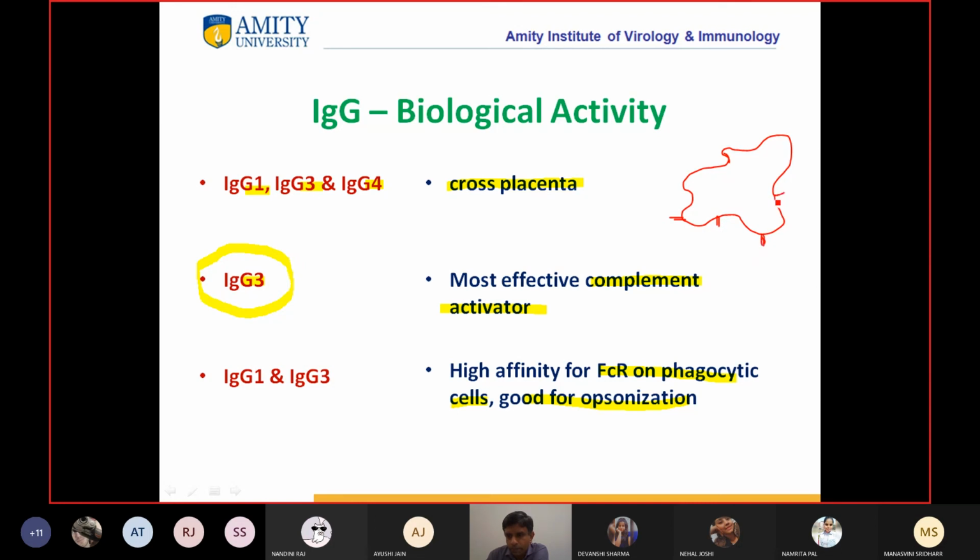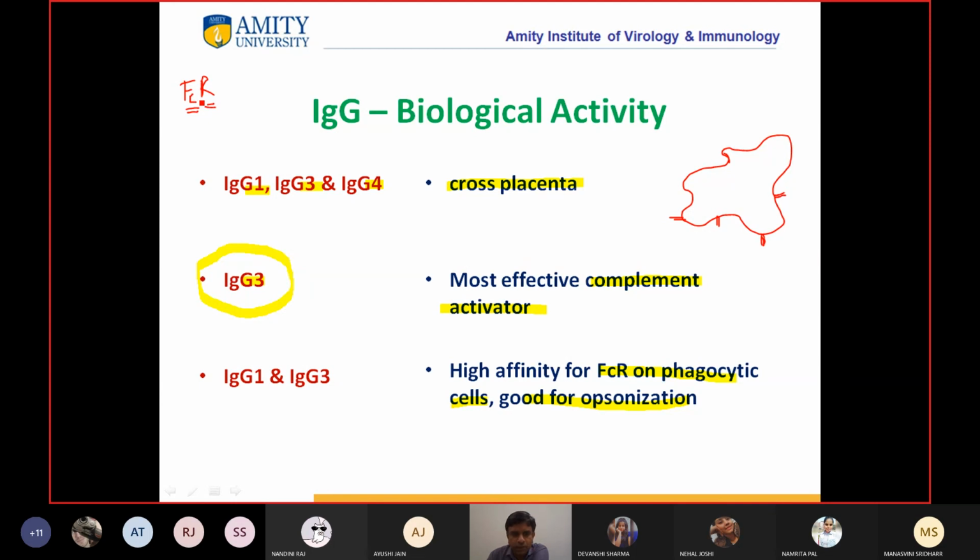Okay. So there are many such receptors. I think I have already told you about this. When we say FCR, it means receptor for the FC region. And it could be specific.